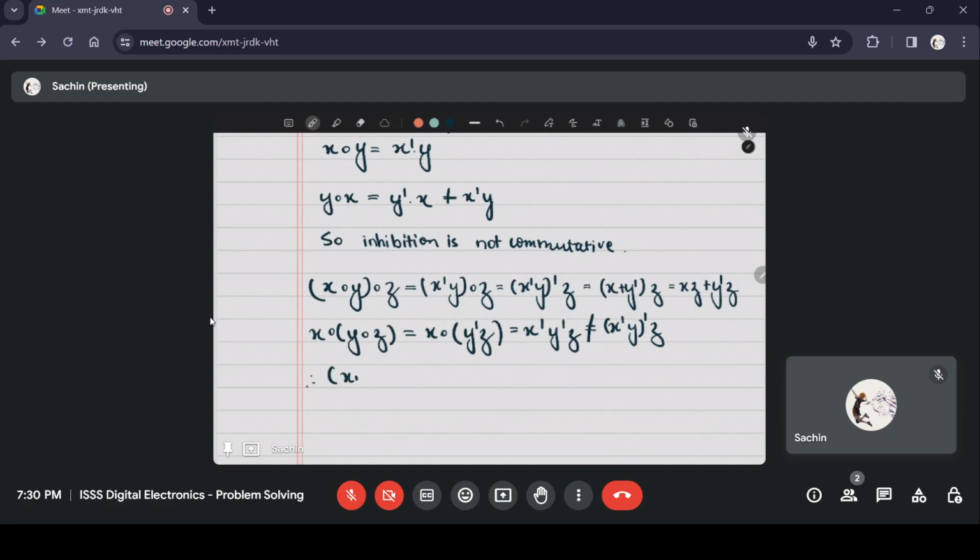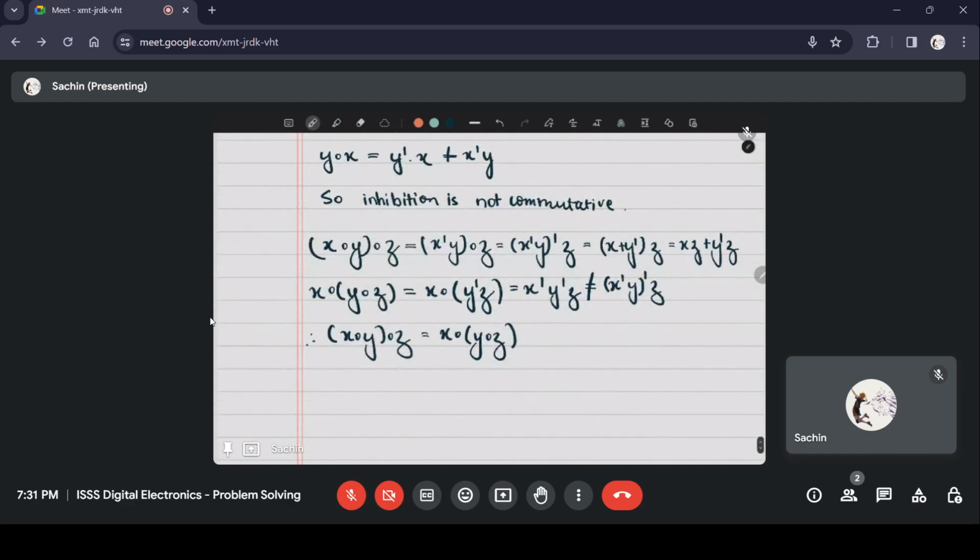So x circle y circle z, where the operation is done on x and y first, is not the same as x circle y circle z, where y and z are operated on first. So the order of operation matters. So inhibition is not associative.